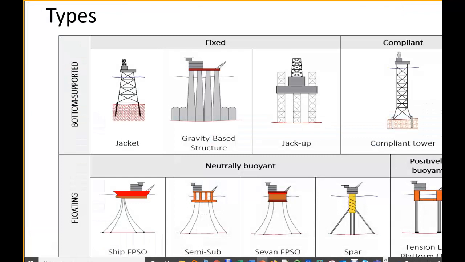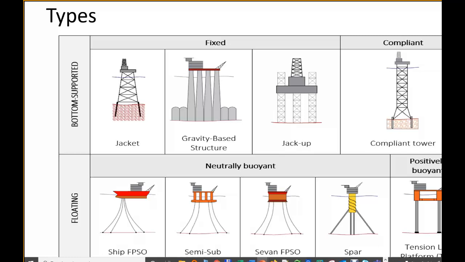Okay, different types of offshore structure we have, and first we have two categories. One is bottom supported, where the weight of the structure is laying on the ground, on the soil. There we have two further categories. One of them is fixed, the common jacket.